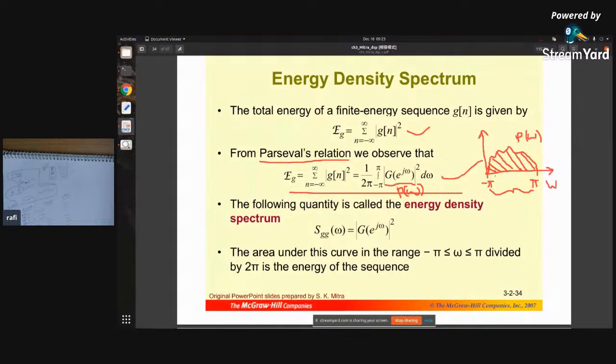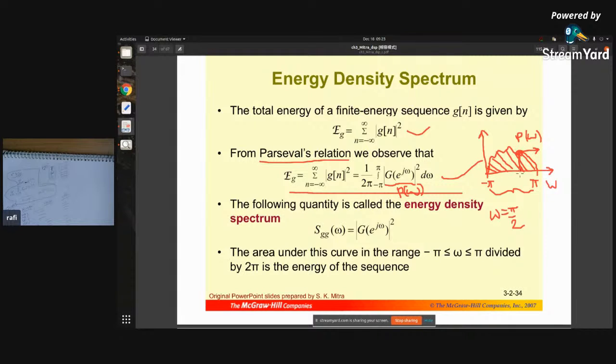If you take, for example, omega equal to pi by 2, at the pi by 2 value you will get some amplitude. That is the contribution of that particular frequency in the entire signal.